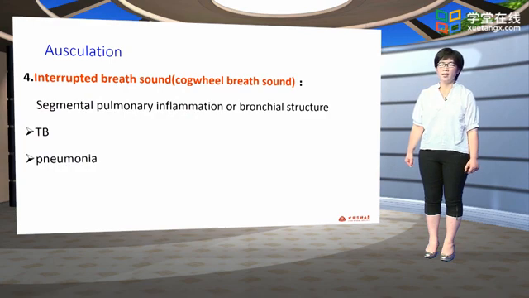And the fourth is interrupted breath sound, also called cogwheel breath sound. If the patient has segmental pulmonary inflammation or bronchial strictures, like TB or pneumonia, you will hear the interrupted breath sound or cogwheel breath sound.